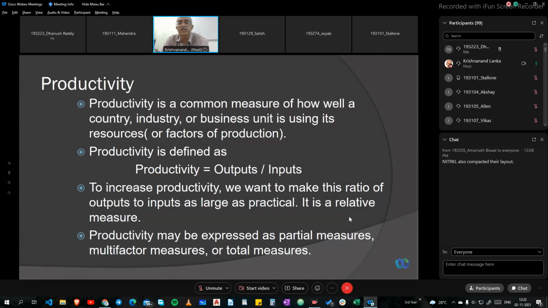And if you talk about the productivity of a country, India is not doing well, and I think we discussed this in the beginning of our subject, right?